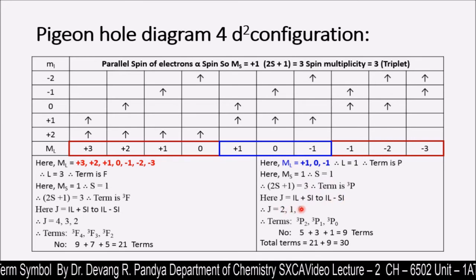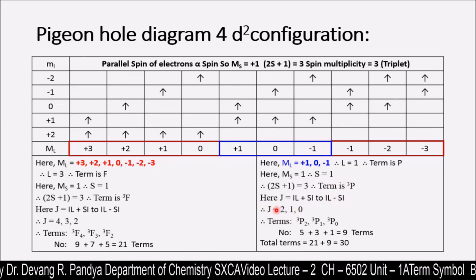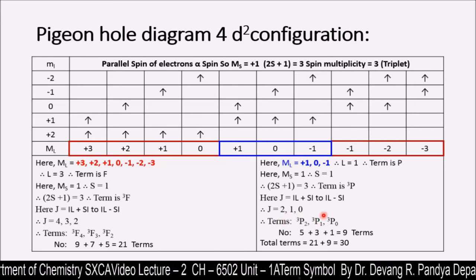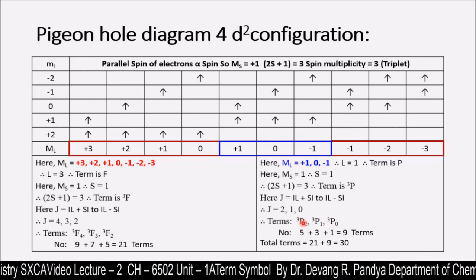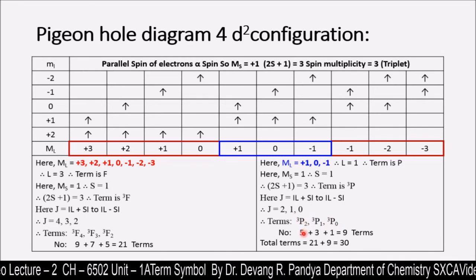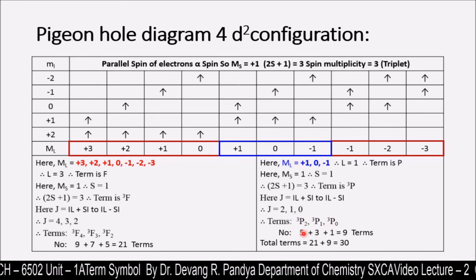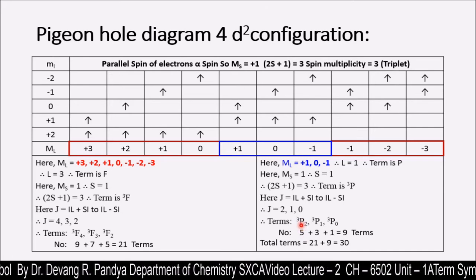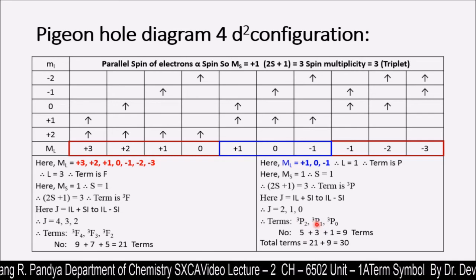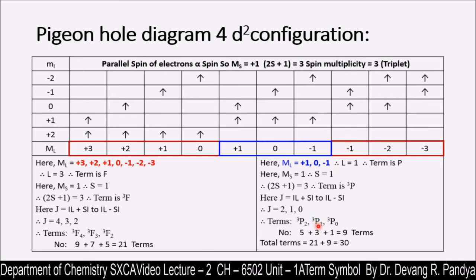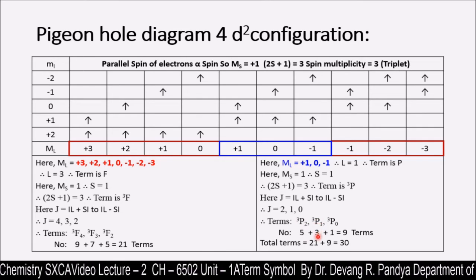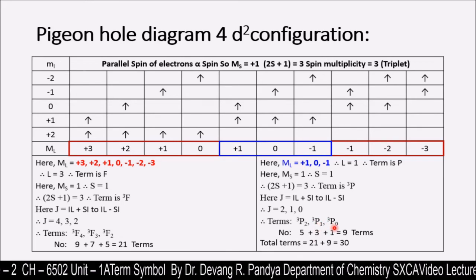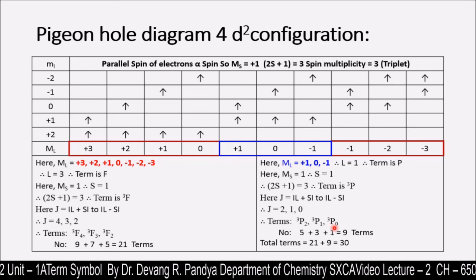So the terms would be triplet P2, triplet P1 and triplet P0. Triplet P2 has 5 microstates: plus 2 plus 1 0 minus 1 minus 2. Triplet P1 has plus 1 0 minus 1, so 3 microstates. Triplet P0 has only 1 microstate.